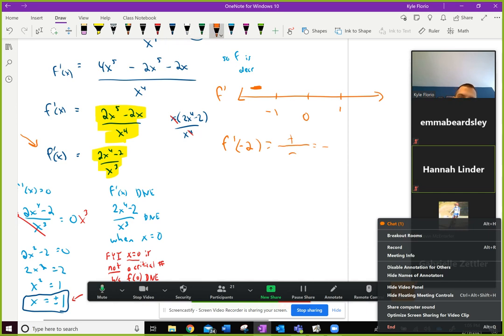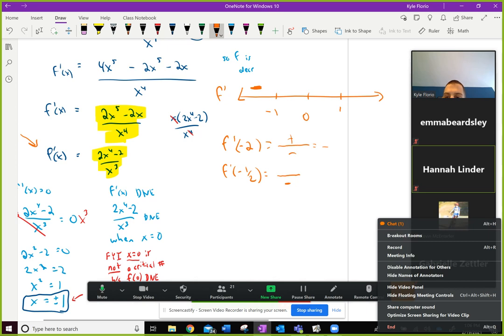What's happening from -1 to 0? We got to plug in a number between -1 and 0, and let's use -1/2. If I plug in -1/2, what happens? So the denominator will still be negative because if you plug a negative into a cubic, it's going to stay negative.